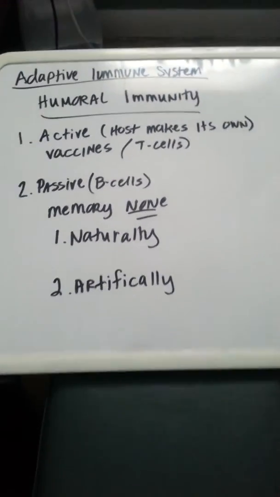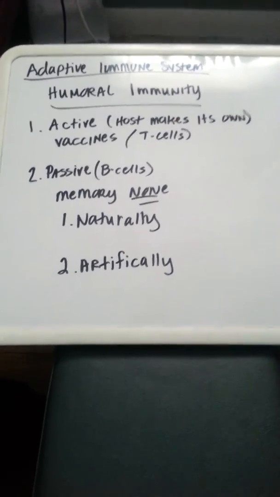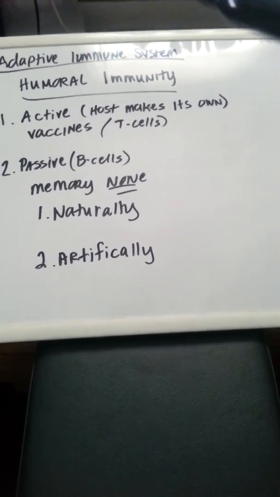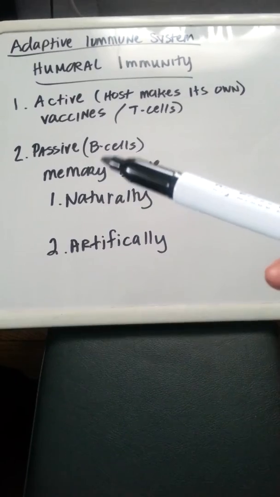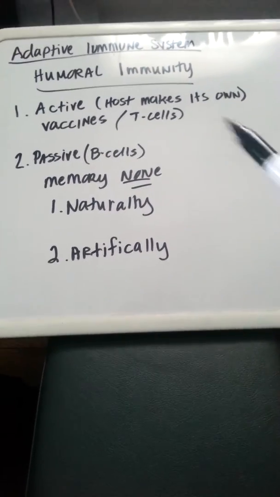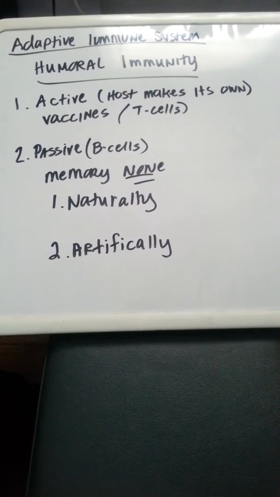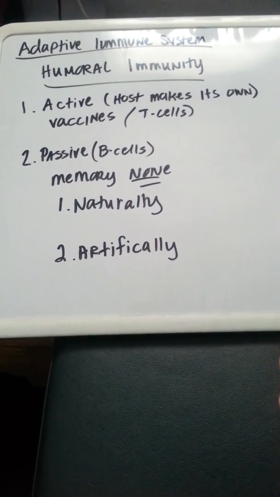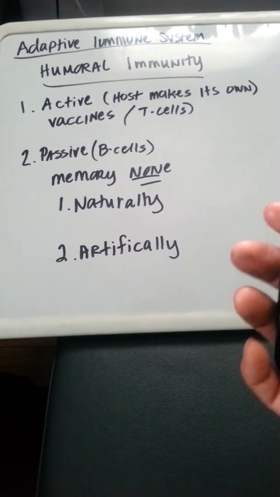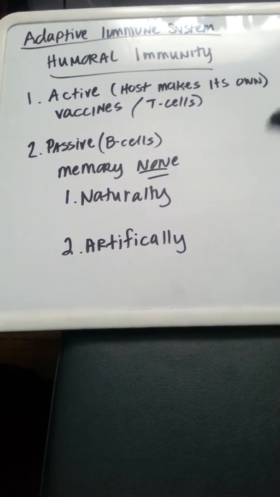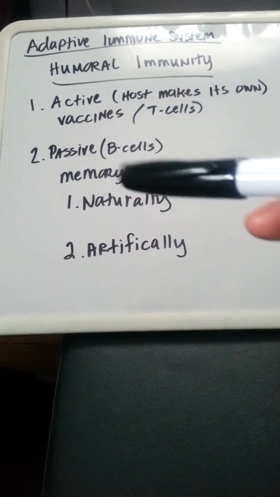So again, the adaptive immune system, humoral immunity, which is the B cells. We have active and passive. Active is where the host makes its own, such as vaccines. They spare us the symptoms of the primary response, provide antigenic determinants that are immunogenic and reactive, and target only one type of T cells.